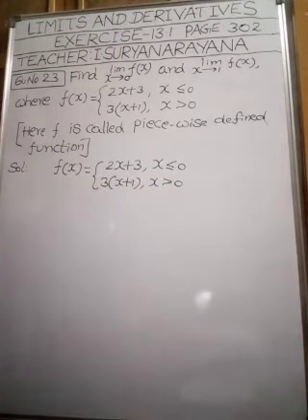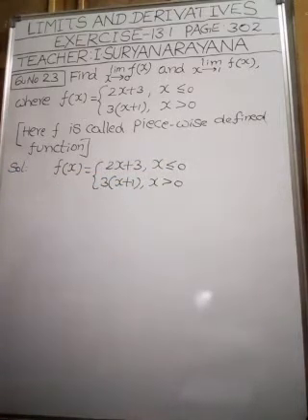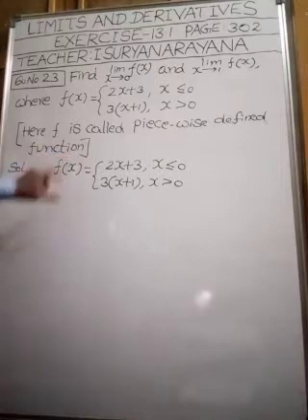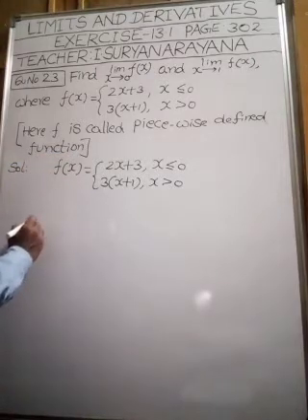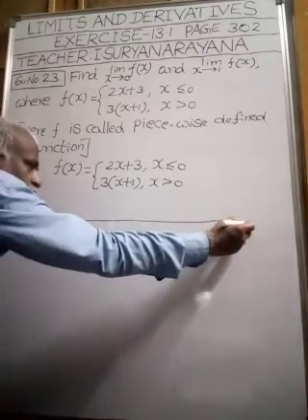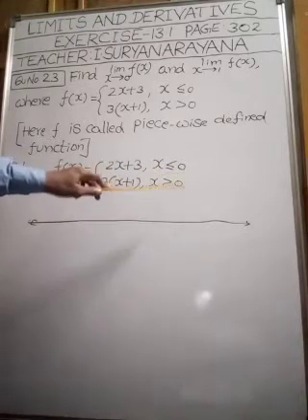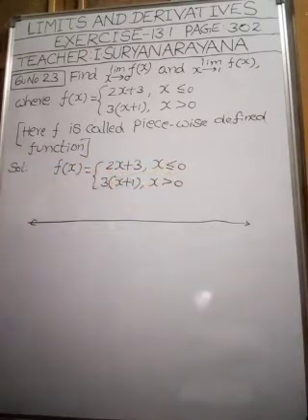Okay my dear children, so this function is defined in two ways. So I will represent this function on the number line to understand this function well. At what point is the function defined in two different ways? At 0, isn't it, my dear children?